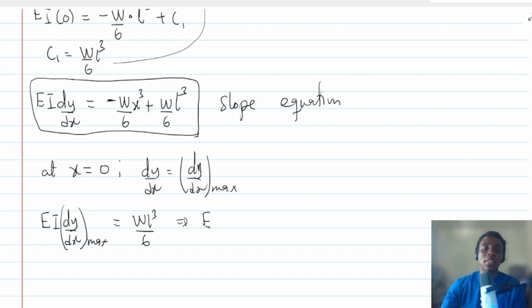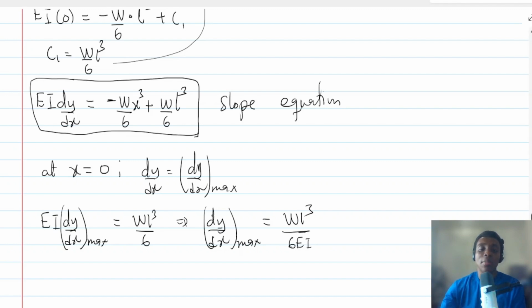Therefore, the maximum slope dy/dx max will be WL cubed over 6 EI. And that is the maximum slope.